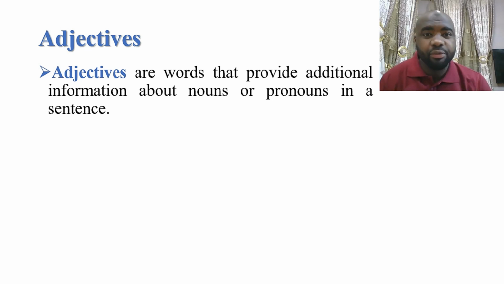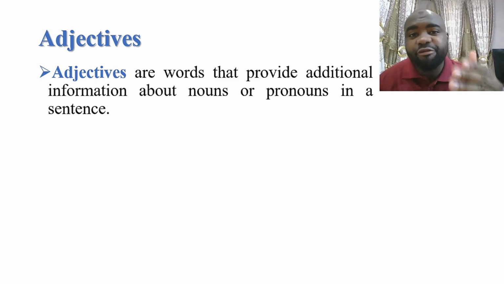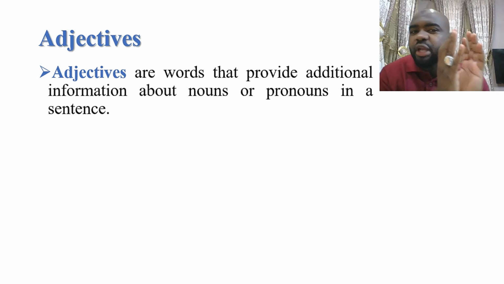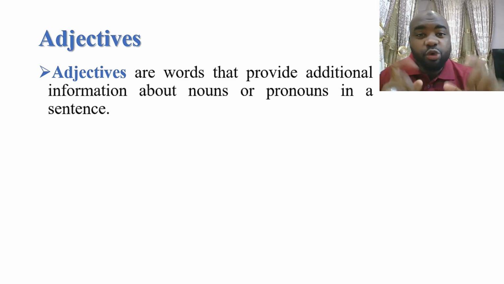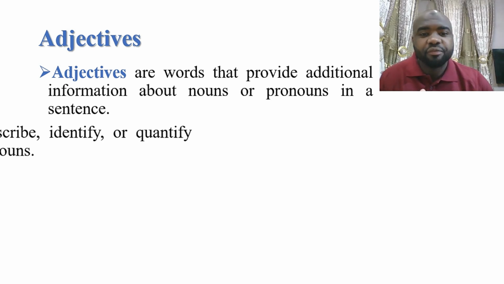For example, when you're talking about a person and you want to know more about that person, the words that you use to describe, to modify, to quantify, to give additional information or additional meaning of that particular noun or pronoun are considered to be adjectives. They are adjectives.